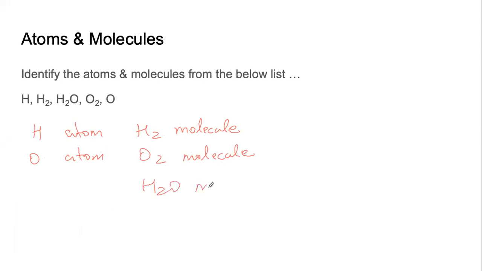H2O is another molecule. Now H2 and O2 are molecules of elements, whereas H2O is a molecule of a compound. Very important to understand this.